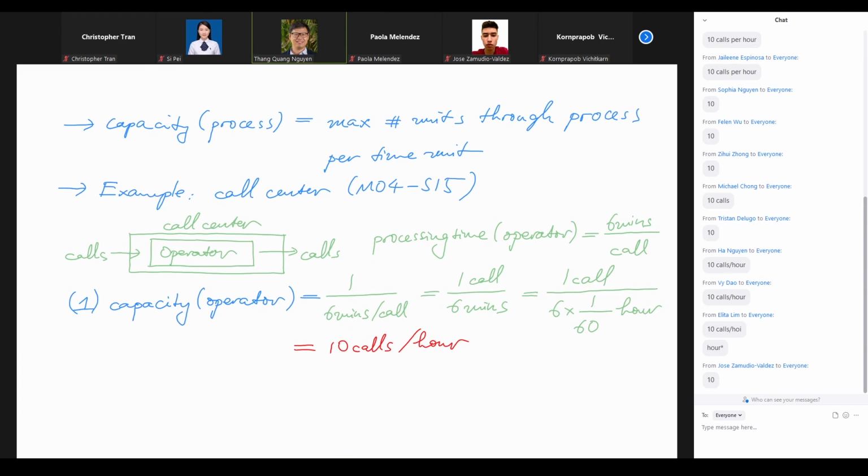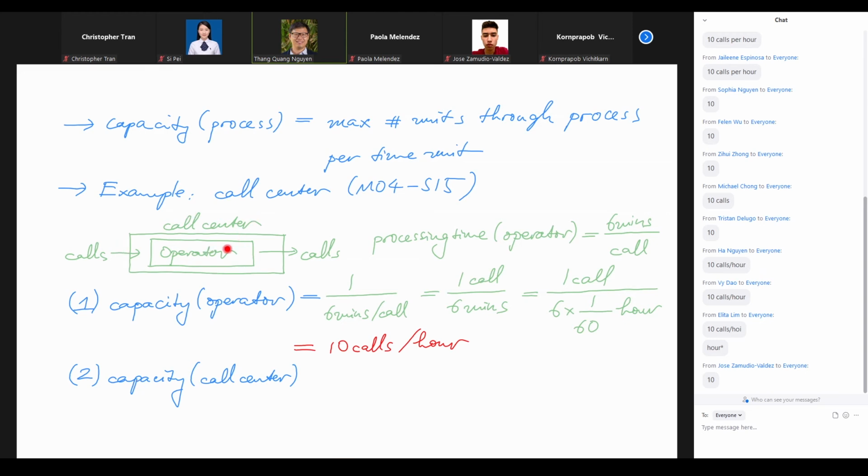And here is question number 2. What is the capacity of the call center? All right, so here's the difference. In the first question, they asked us about the capacity of the resource inside the process. But in the second question, they asked us the capacity of the entire process, right?